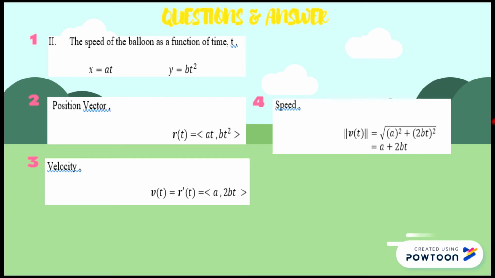The position vector r(t) is, because it's a vector, written as coordinates: coordinate x will be at and coordinate y will be bt squared. For the velocity, we differentiate the position vector, and we get a for the x and 2bt for the y.